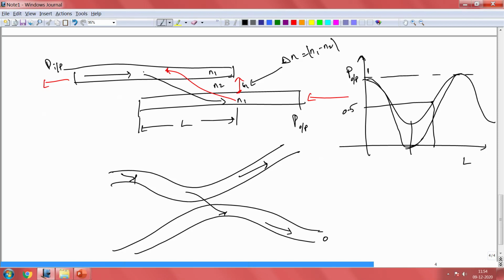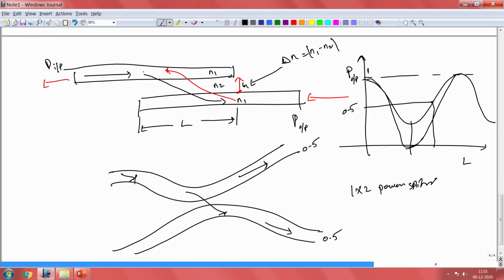Now I have 0.5 here and 0.5 here, so half of the light would show up here and half would show up here, and essentially what I have made is a 1/2 power splitter. This is one way of using the directional coupler concept to realize a power splitting functionality.